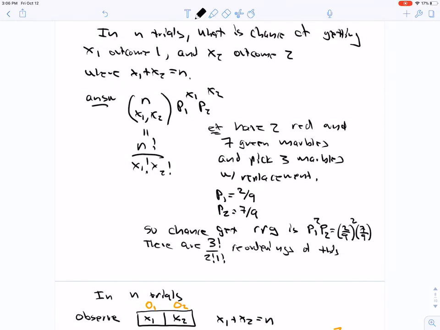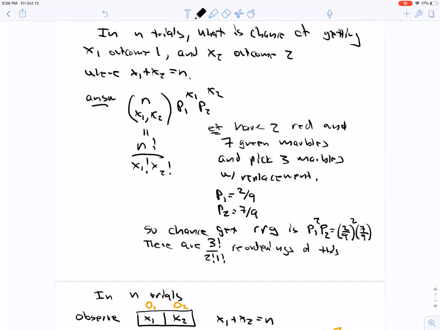So, for example, if we have two red marbles and 7 green marbles, and we pick 3 marbles with replacement, then p1 would be 2 over 9 and p2 would be 7 over 9. So the chance that we get RRG would be p1 squared p2, and there are 3 factorial over 2 factorial 1 factorial reorderings of this.